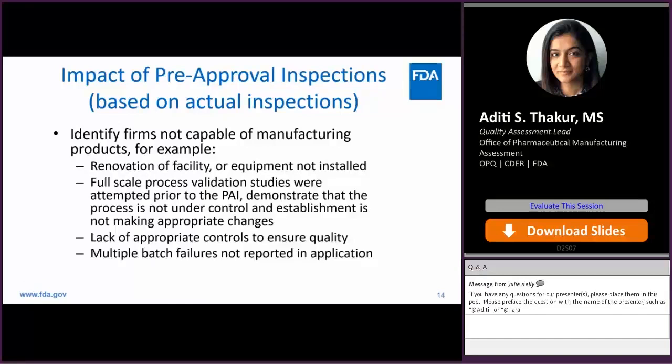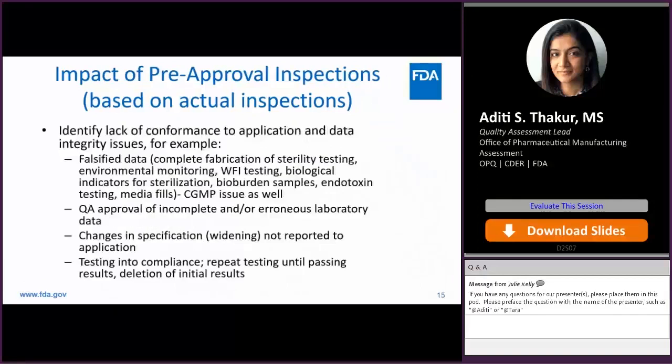In certain cases, we find that full-scale process validation studies were attempted prior to the PAI. However, this demonstrates that the process is not under control and an establishment is not making appropriate changes. Sometimes we find a lack of appropriate controls with multiple batch failures. These all indicate that the firm is not ready to commercially manufacture the product as stated in the application.